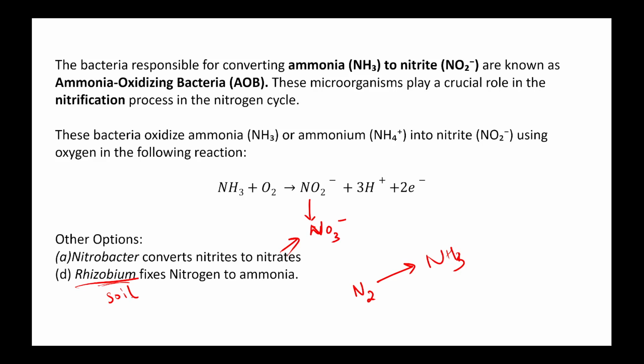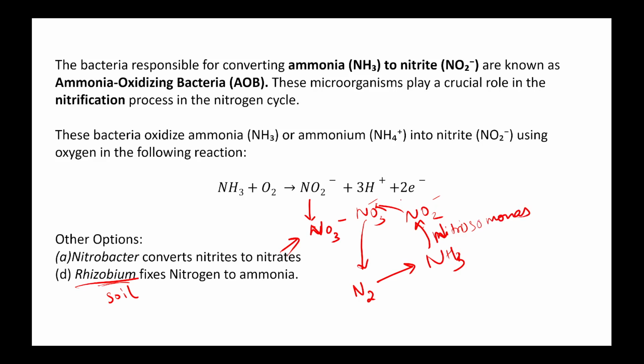So this is how the nitrogen cycle goes on. You must have studied it in school also. Nitrogen is fixed by these kinds of bacteria into ammonia, and then later the ammonia is converted into nitrites and nitrates, and then nitrate is again converted back to nitrogen. So ammonia to nitrite is called nitrification, and it is done by Nitrosomonas.